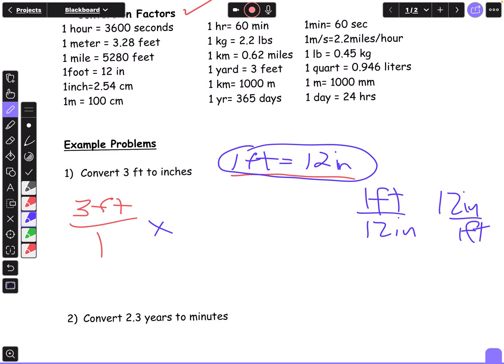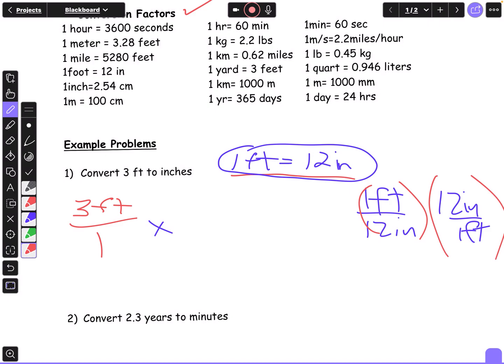Now, which one is the correct form? Would it be multiplying by this or by this? Well, it all depends on my units and how they cancel out. All right, first I'm going to do it the wrong way to show you why only one of these will work.